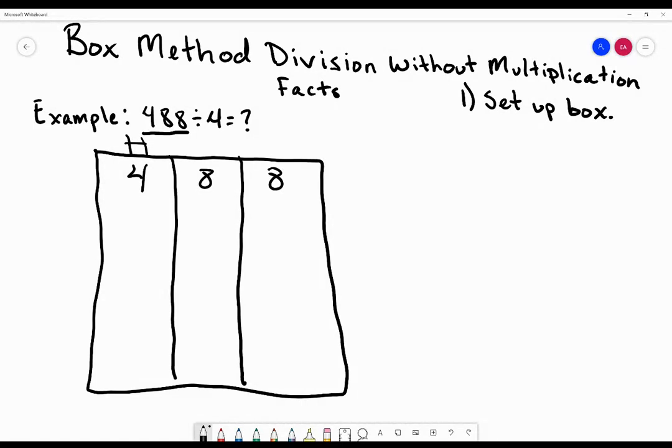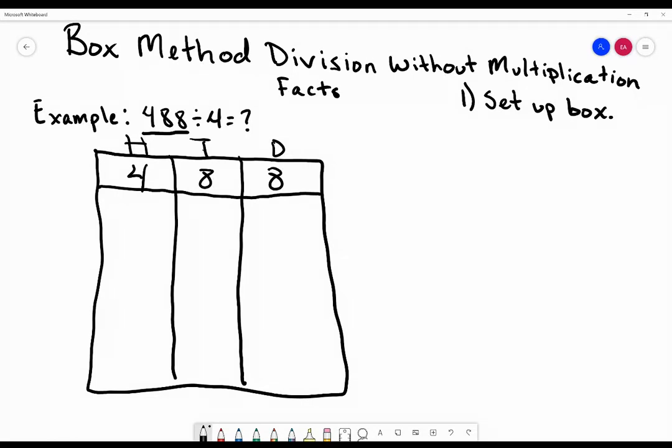That first 8 is in the tens place. And this last 8 is in the ones place. So that's just a little reminder so we can begin practicing our place values, because it's very important for you to understand place values.